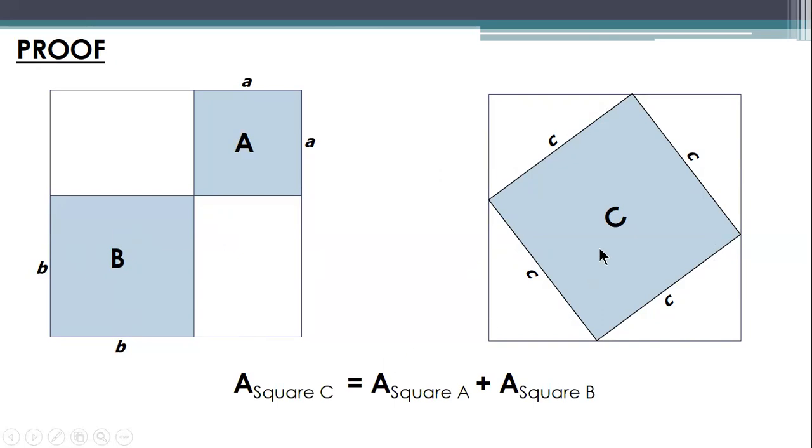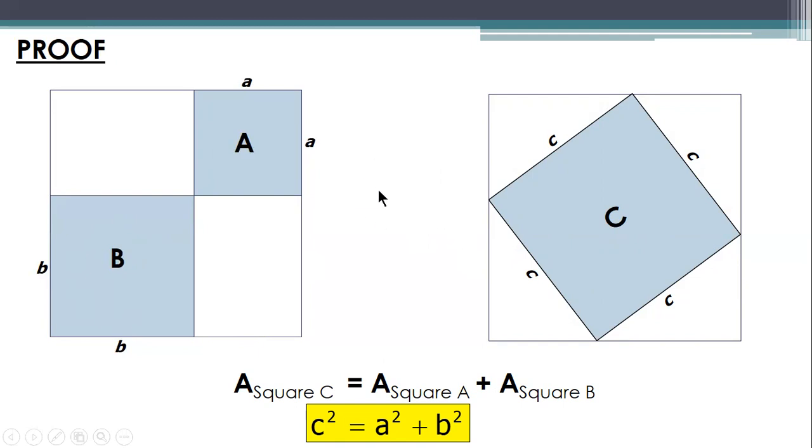So the area of square C is equal to the area of square A plus the area of square B. Since they are squares, c squared is equal to a squared plus b squared. That is proof number one.